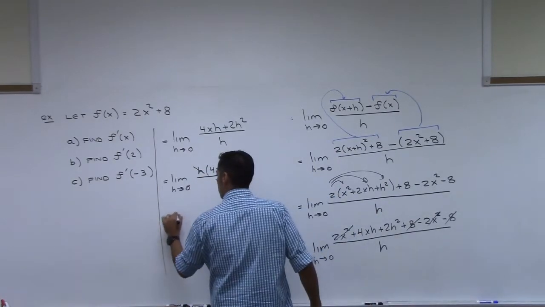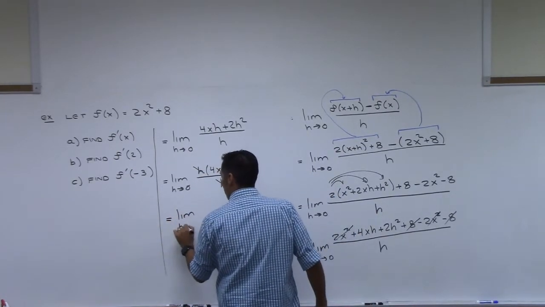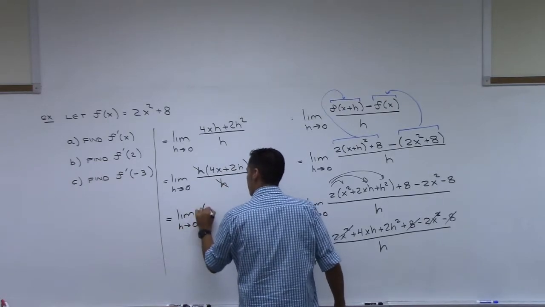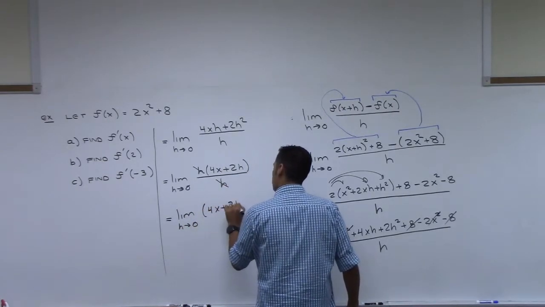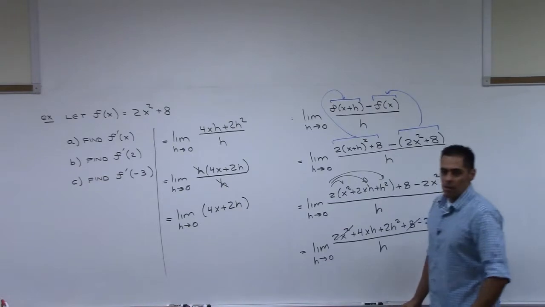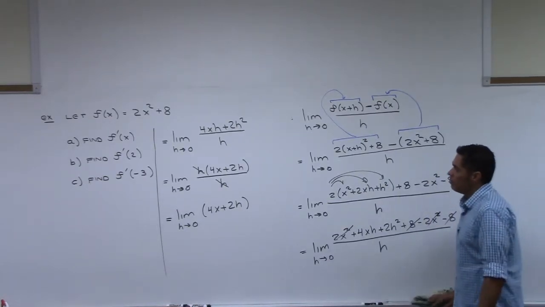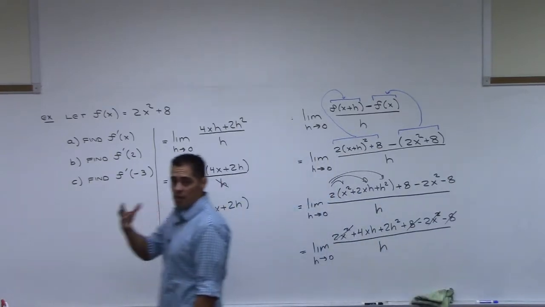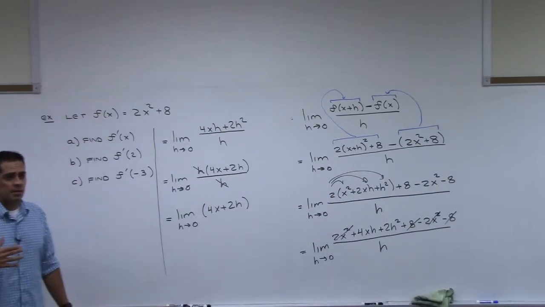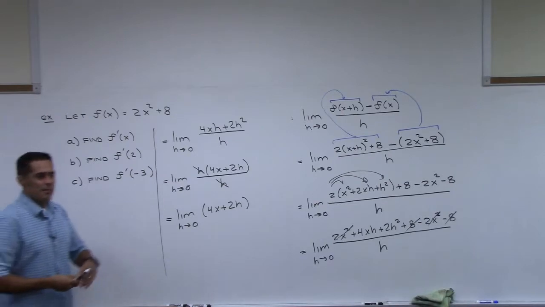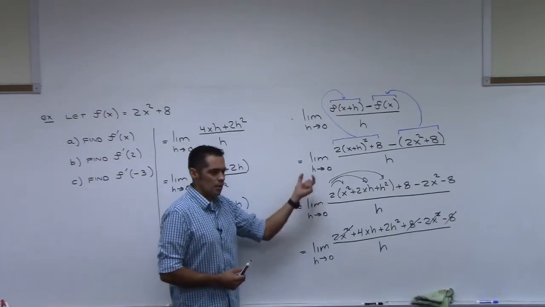And we are to almost our last step. I'm writing the limit one last time. 4x plus 2h. Would you agree that everything I've done up to this point, we've done? The only thing different is that I'm carrying this limit in front the whole time, right?